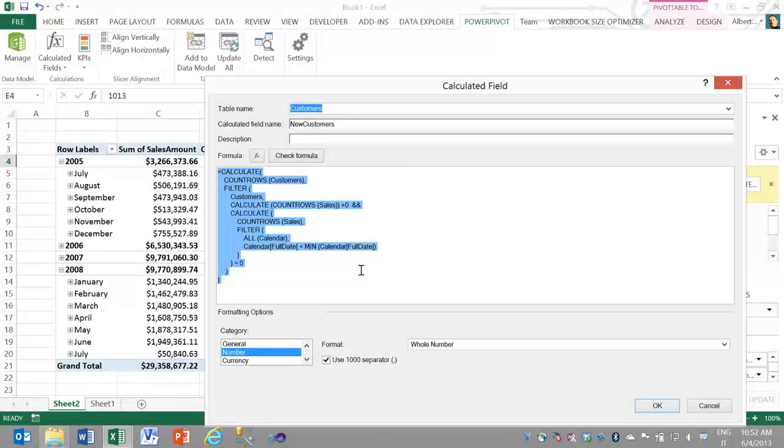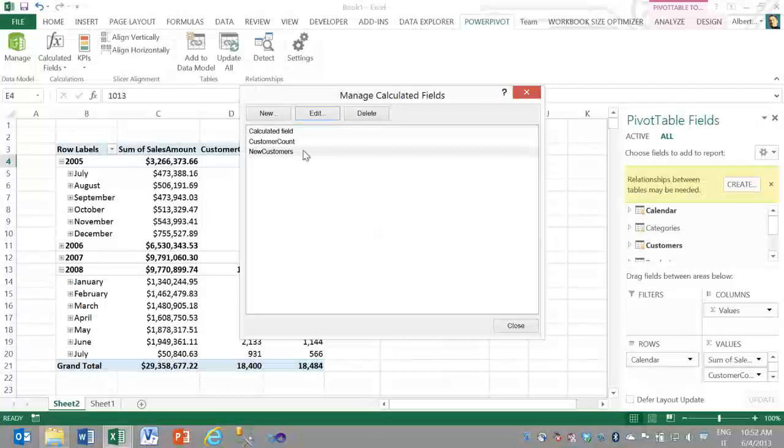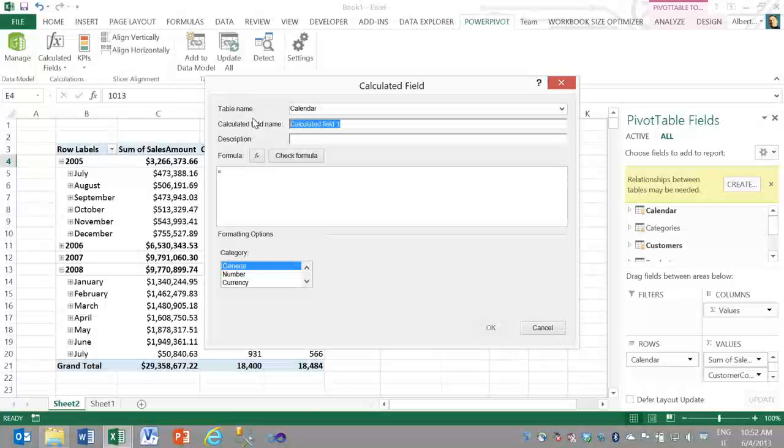Imagine that the customer at this point asks you, hey, this is cool, now I want to see the sales amount coming from new customers because I want to compare it with the sales amount coming from returning customers because I'm doing some advertising and I want to understand the impact on my sales. I have never written how to solve this in multidimensional. It's really complex. If you want to do that in DAX, that's not very complex. You simply create a new calculated column, which is sales of new customers.